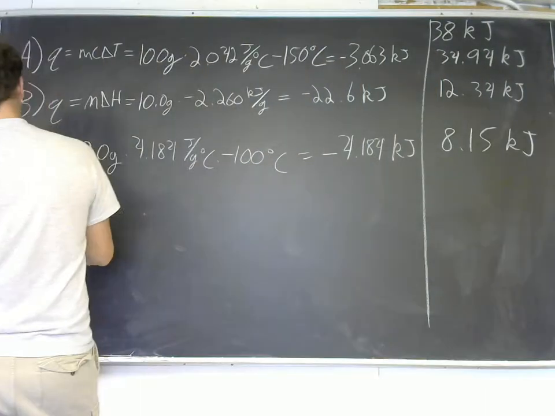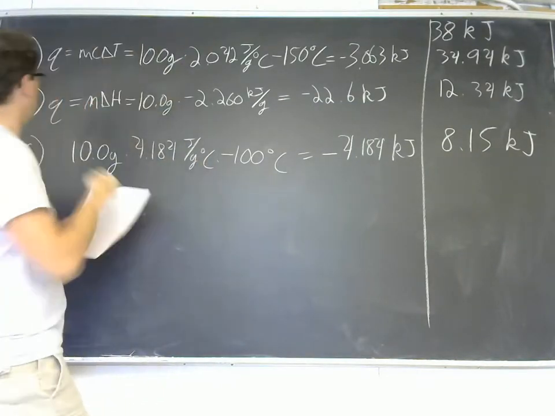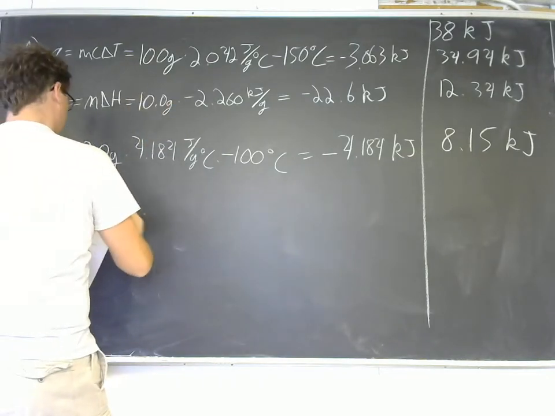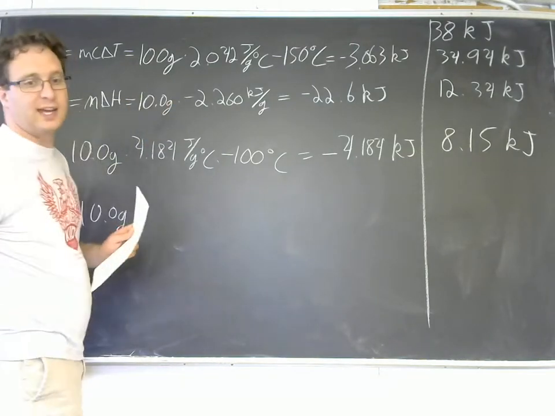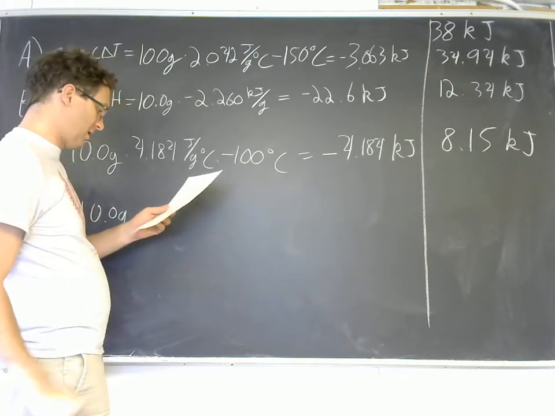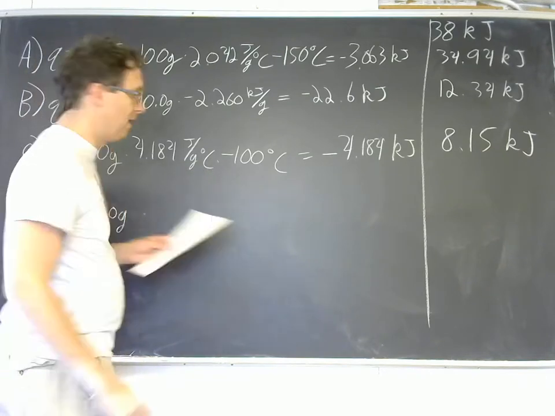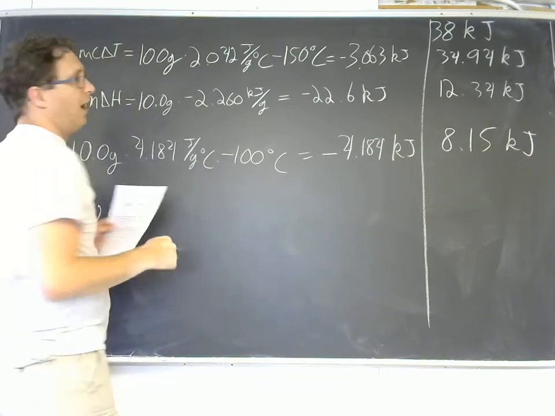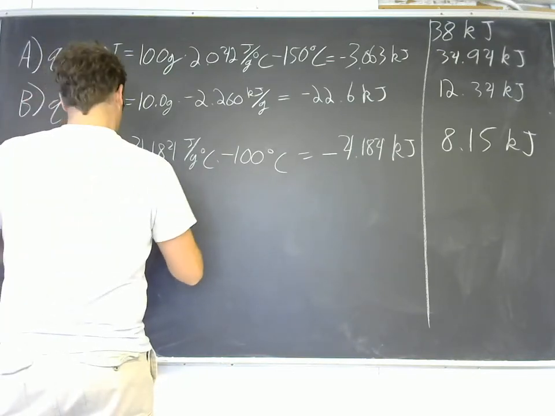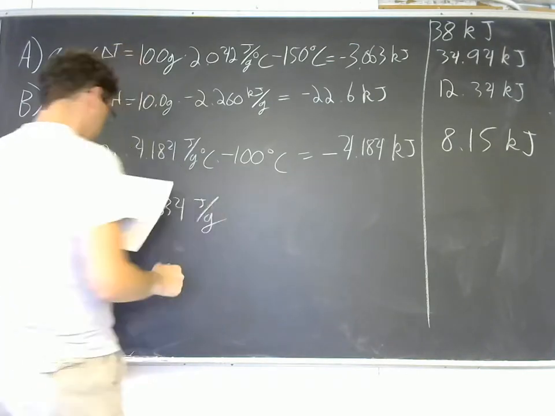Now D, the freezing of the water, we're going to use Q equals m delta H. We've got 10.0 grams of water. Delta H, this will be the enthalpy of fusion, which is, hold up, 334 joules per gram. We're freezing instead of melting, and so that's going to be a negative 334 joules per gram.